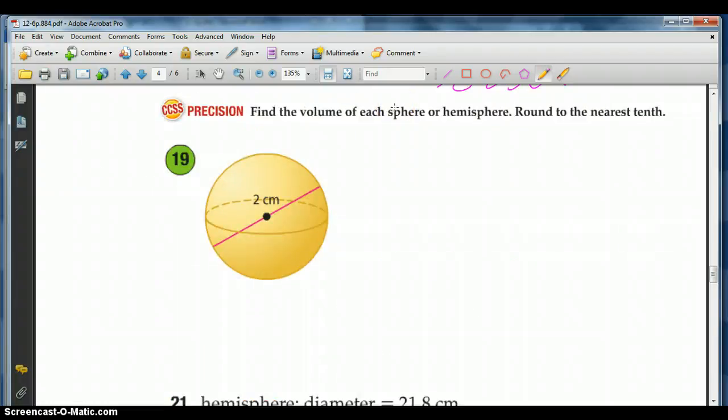Number 19, find the volume of the sphere. So, the diameter of the great circle is 2 centimeters. The radius is half of that, or 1 centimeter. Formula for volume of a sphere is 4/3 pi r cubed.